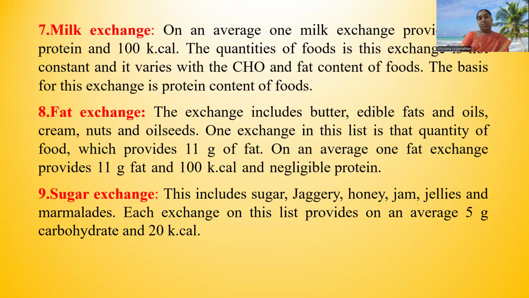So, in short, today we have seen the basic principles of therapeutic diets and routine hospital diets. To summarize, we have seen which therapeutic diets are to be followed, in what conditions, for which patients, and what feeding methods are to be followed.